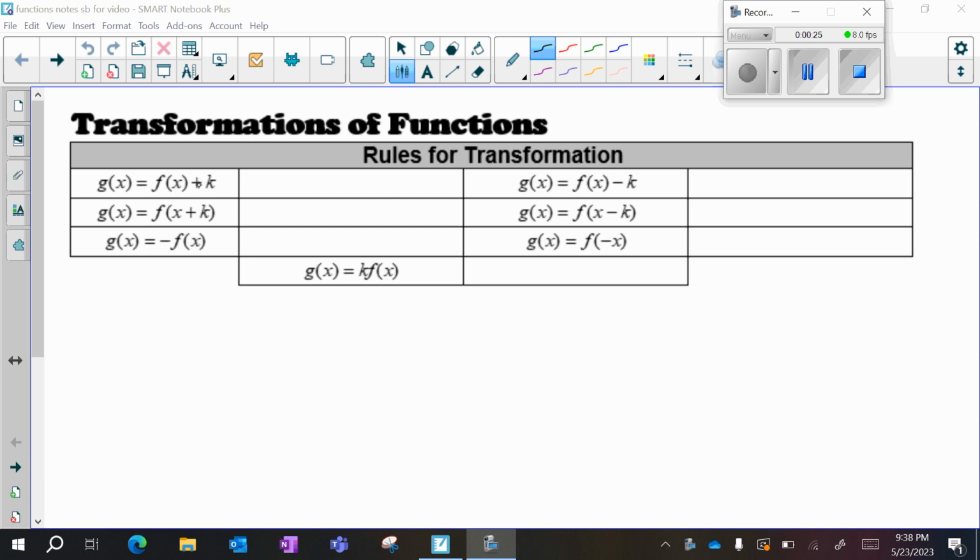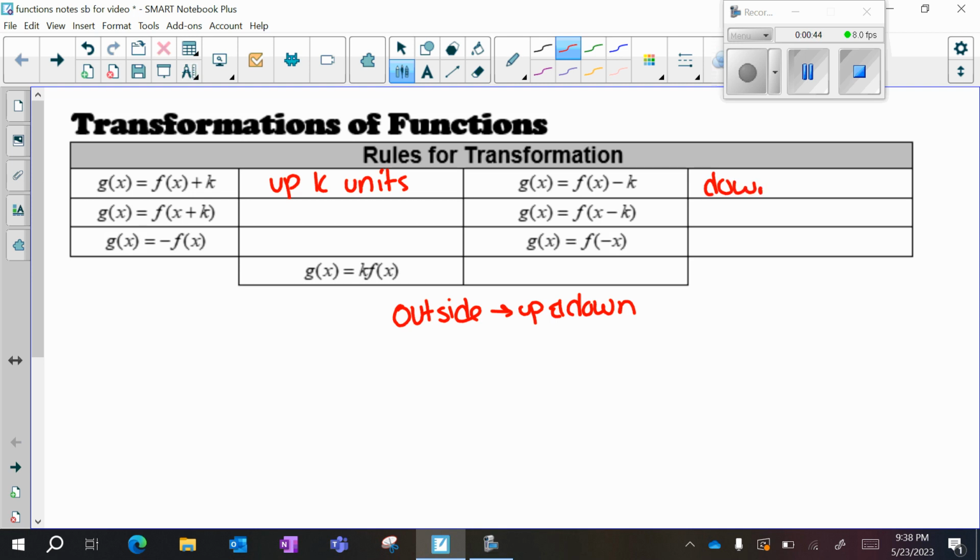But plus k and minus k on the outside is up and down, and it's the same. So plus k means up k units, minus k is down k units.